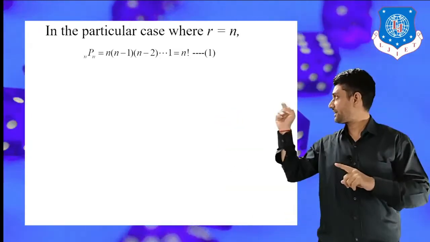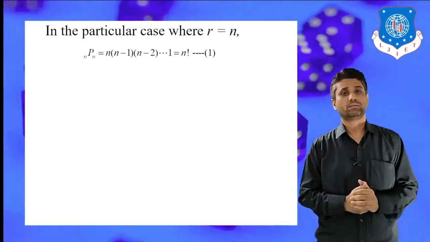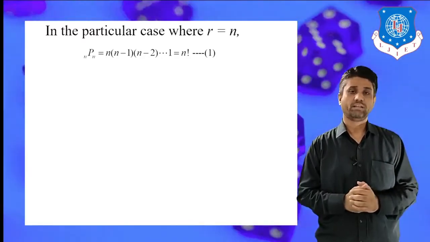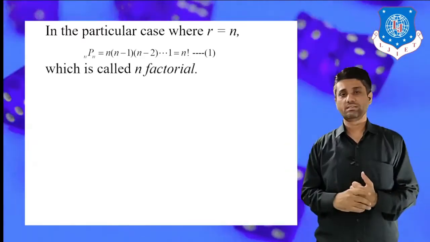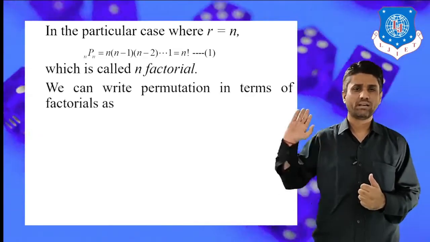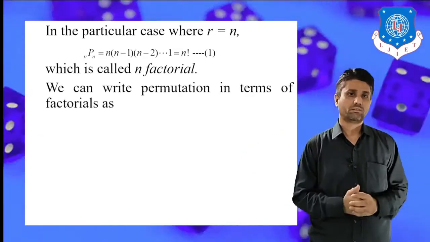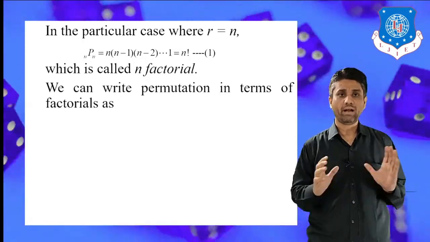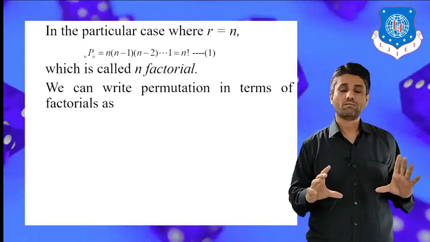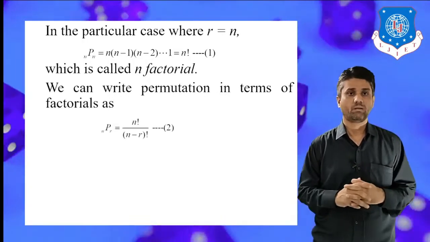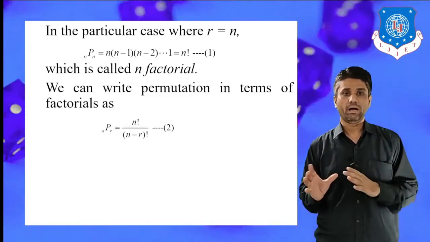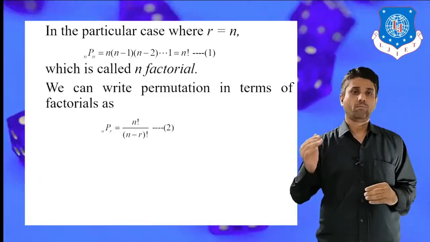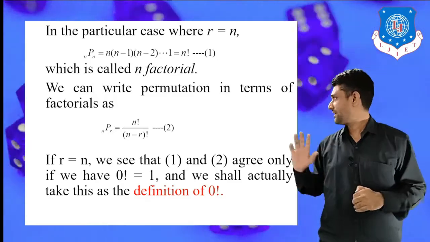If you look carefully, this is the formula of factorial, that is, n factorial, and we label it equation 1 because we will use it later. We can also write the permutation in terms of factorial: nPr is equal to n factorial upon n minus r factorial, equation 2.